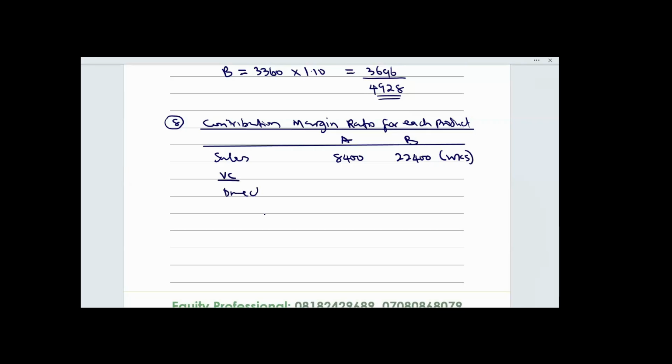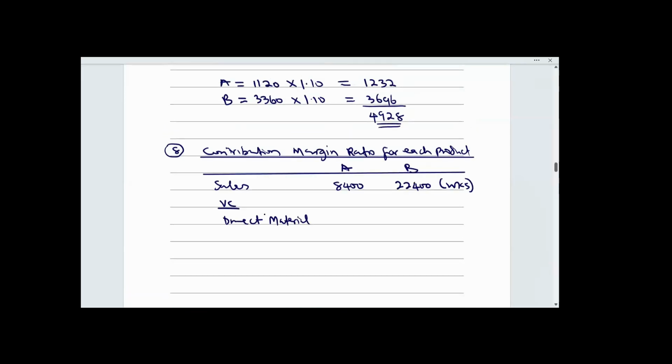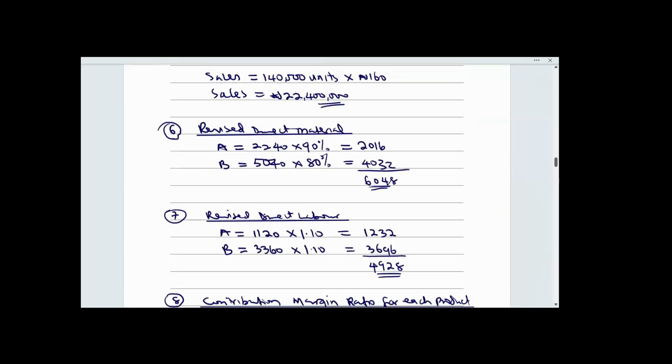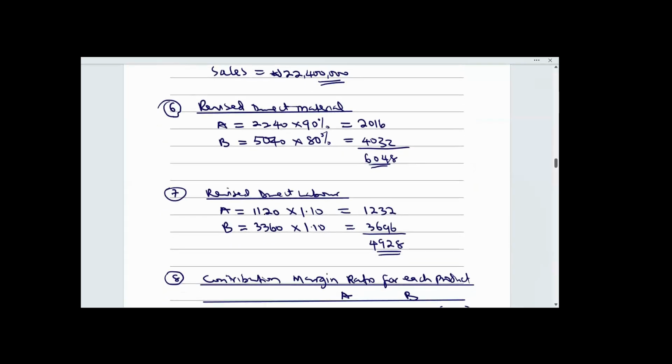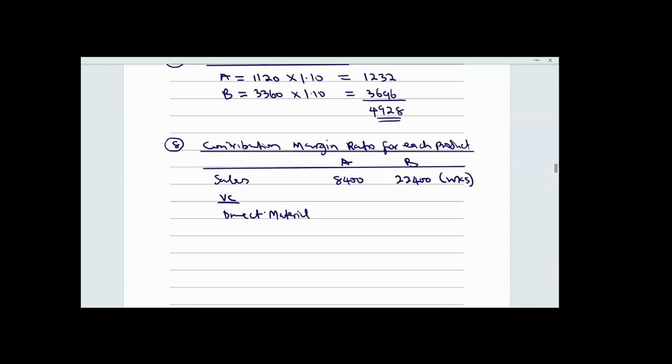Then we less variable cost. Direct material: revised direct material for A is 2016, B 4032. This is working number 6.